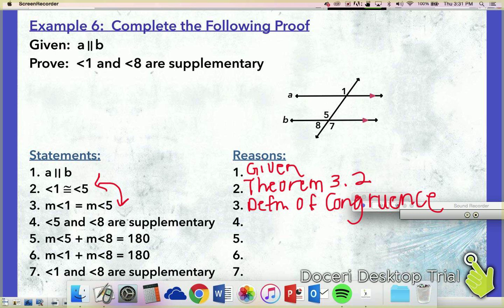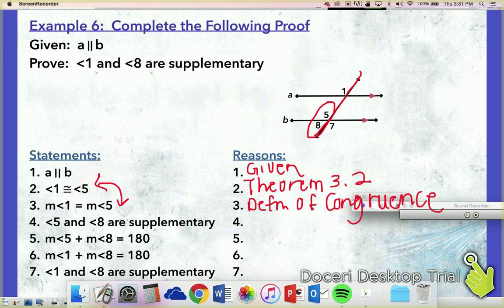Now it's telling me 5 and 8 are supplementary. What do they make? You guys have to understand what these angles are and how to find them. Those two angles make up this line here, so they're a linear pair. We know that's 180 degrees, or supplementary.